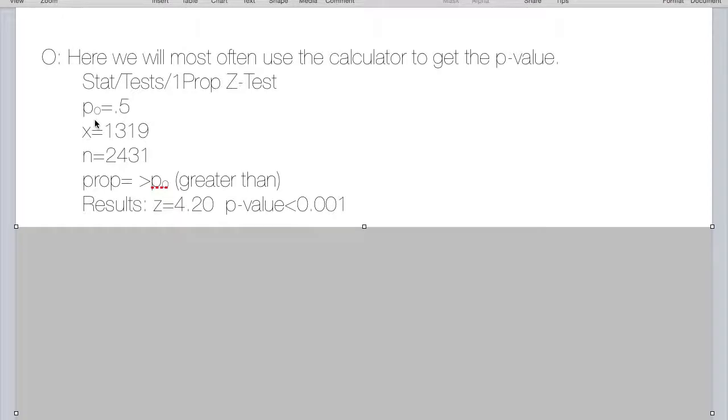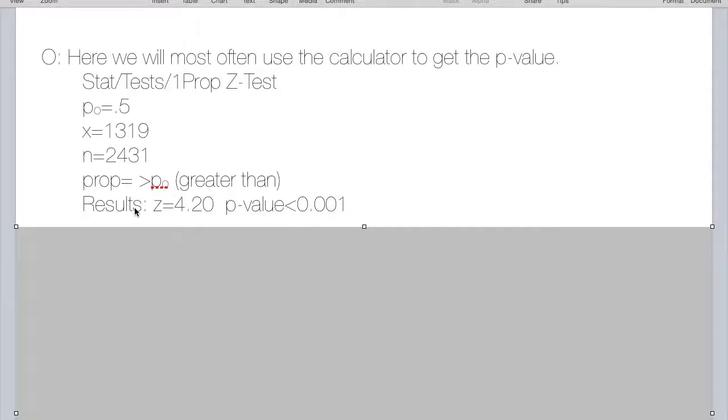The number of successes, in this case we had 1,319 home games that were won, out of a sample of 2431. The alternative proportion, which is the section you come to here, is we think that proportion should be more than simply 0.5 because it is an advantage. It should be greater than 0.5.